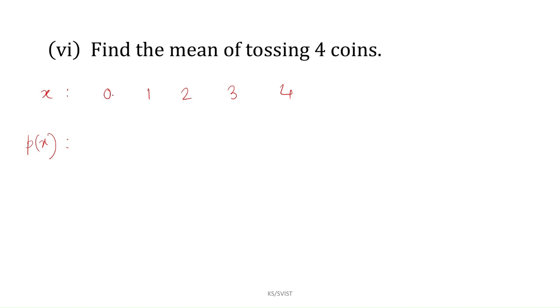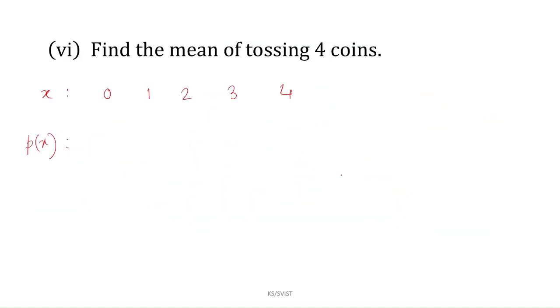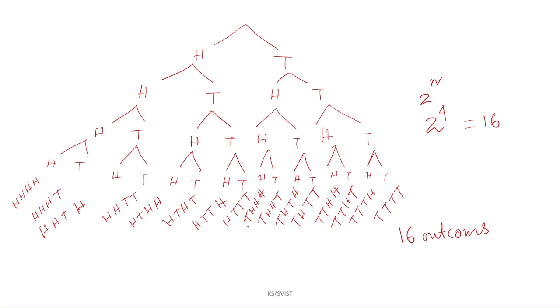For 0, say getting a head, the event x takes the values. When there is no head, then we see here there is one outcome. So for no head 1, for one head we look here, for one head if we count 1, 2, 3, 4.